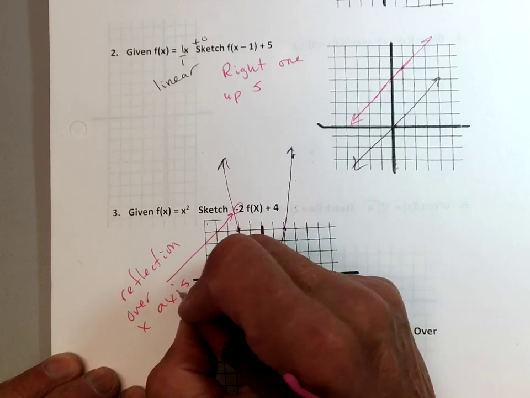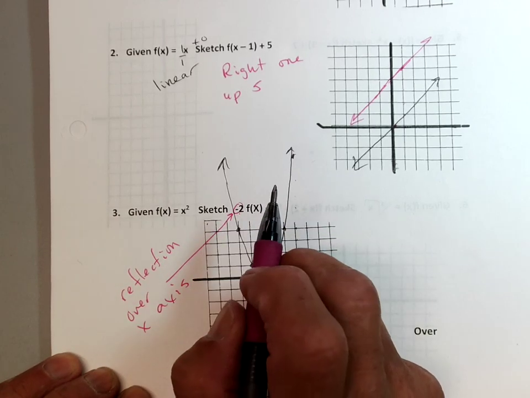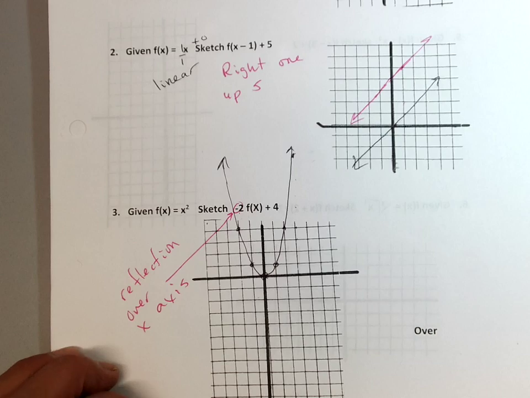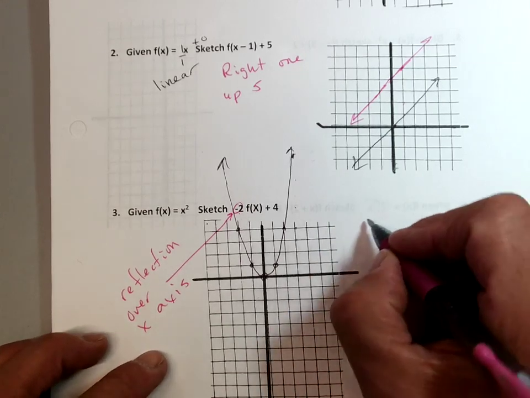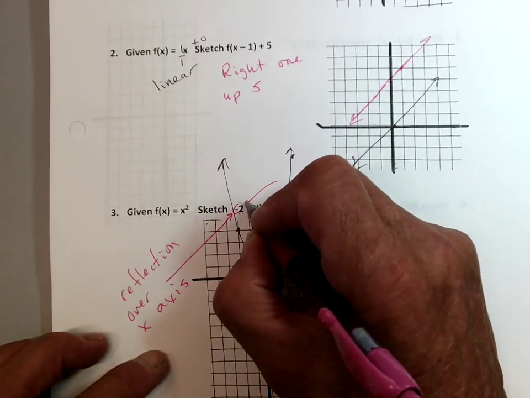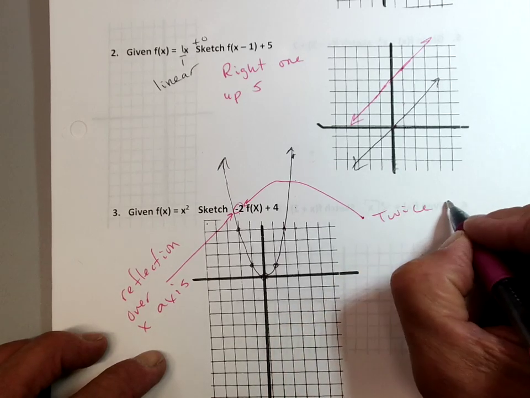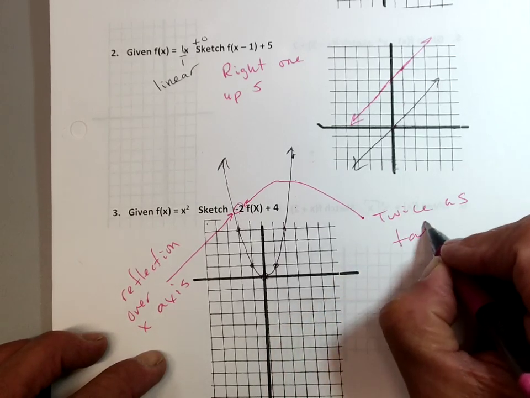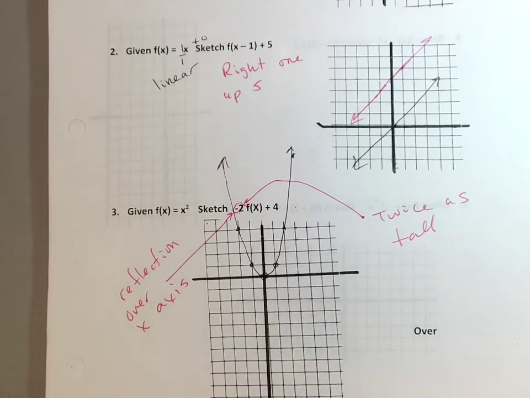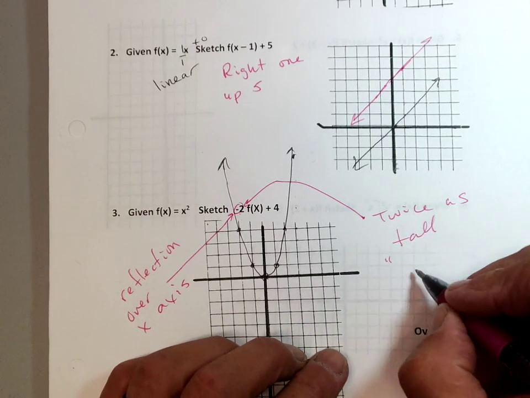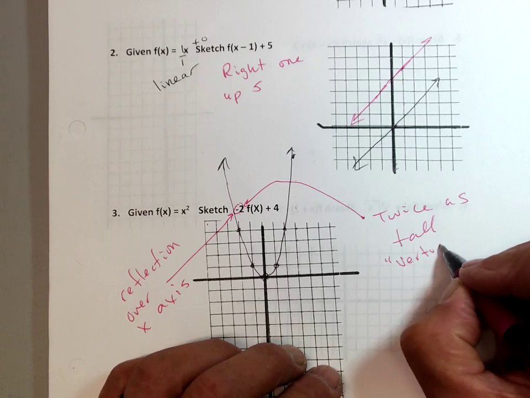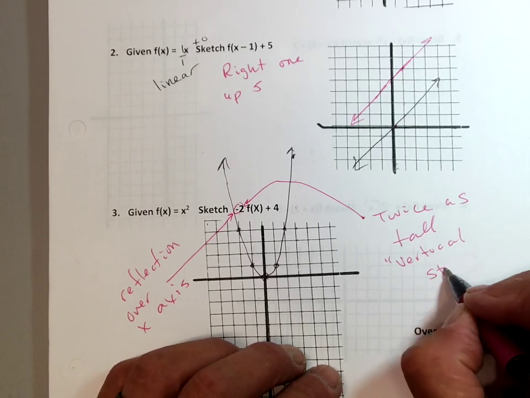I know that for sure because of the negative, okay? I know also that it's going to be twice as tall, or it's a stretch. It's a vertical stretch, okay?